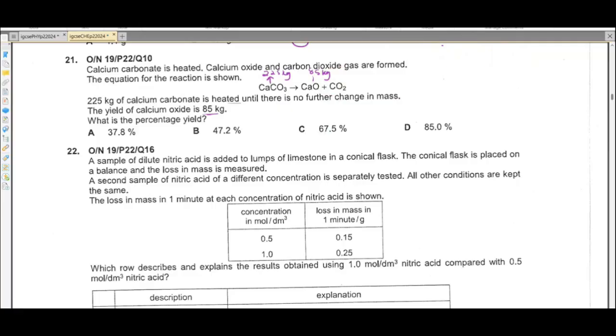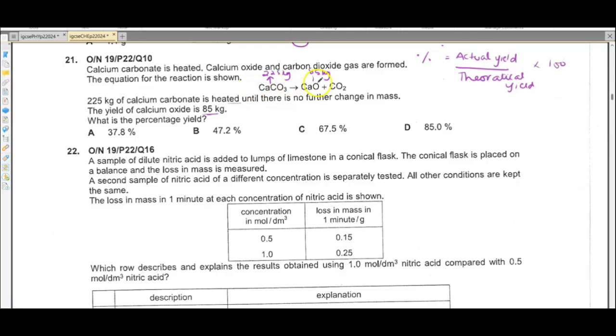That is, when the reaction took place and every condition was perfect, what was the yield then? Because the formula for percentage yield is actual yield, which is in this case 85 kg, by theoretical yield, into 100. ठीक हो क्या?